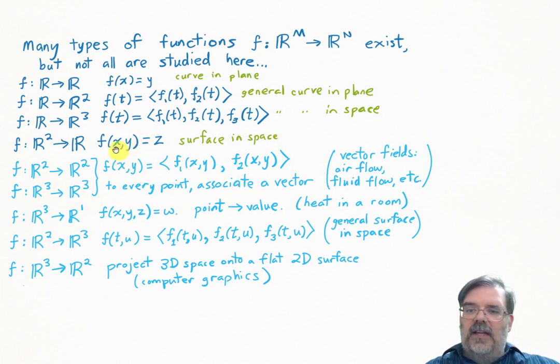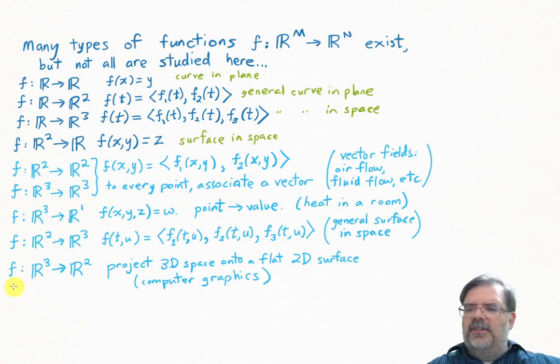Right? For each xy value, you can only have one corresponding z value. But functions of this form, from R2 to R3, can be used to specify any general surface in space. Things like spheres and ellipsoids, or anything you can imagine, can be specified with a function in this form.